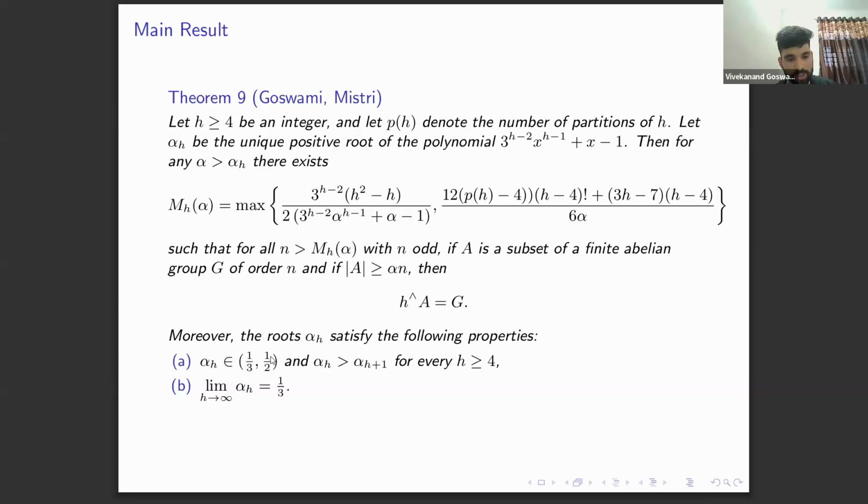That is, alpha h belongs to between 1 by 3 and 1 by 2, and alpha h is strictly greater than alpha h plus 1 for every h greater than or equal to 4, and the limit as h tends to infinity of alpha h is equal to 1 by 3.